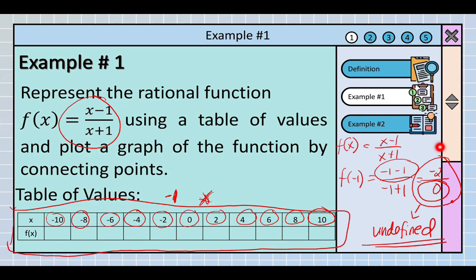Okay, now let's find the f of x values given the x values. We substitute negative 10, negative 8, negative 6, negative 4, negative 2, 0, 2, 4, 6, 8, and 10 into our rational function.